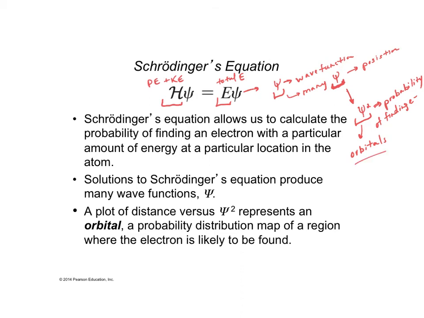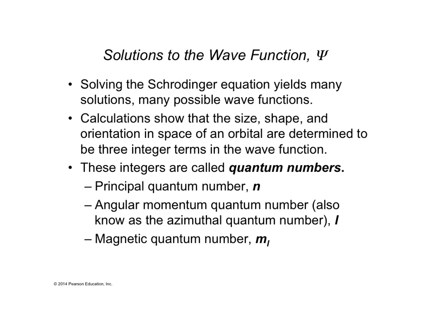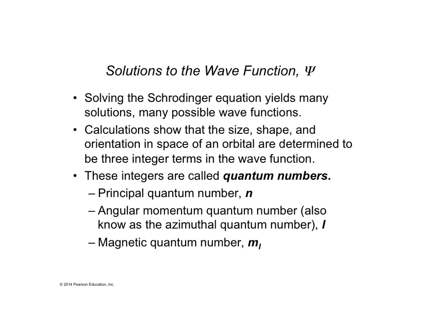So these psi squares, these probability distributions, we're going to call orbitals. Again, there are many different possible wave functions, many different possible solutions to the Schrodinger equation. The wave function itself has no physical meaning, but the wave function squared is going to give us our probability distribution of finding the electron in a given region of space around the nucleus, okay?